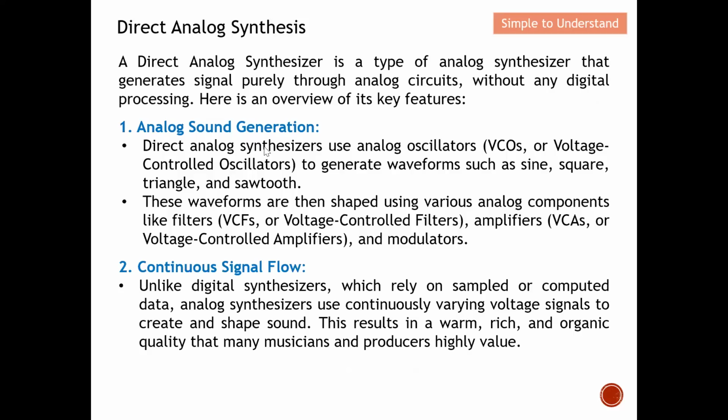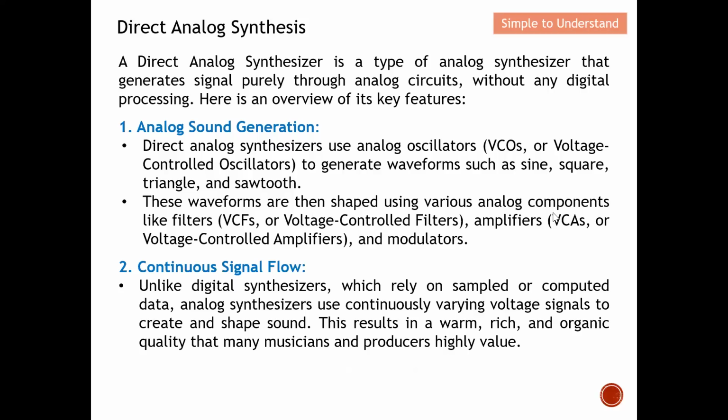The direct analog synthesizer uses an analog oscillator, the VCO, known as voltage controlled oscillator, to generate waveforms such as sine, square, triangular, and sawtooth. These waveforms are then shaped using various analog components.